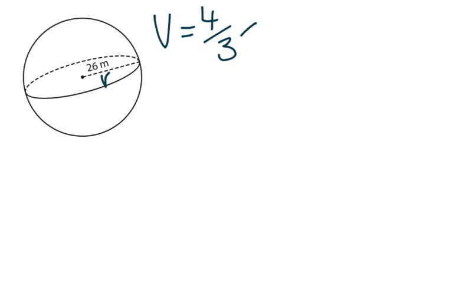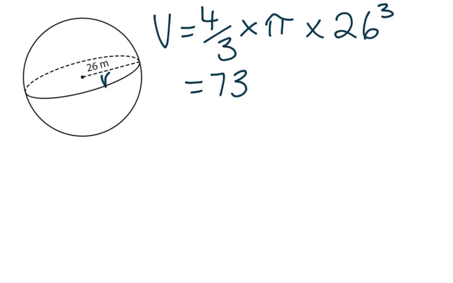So we'd have 4/3 times pi times 26 cubed. And for this particular sphere, we would have 73,622.2 meters cubed as our volume.